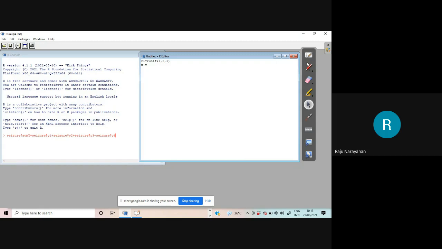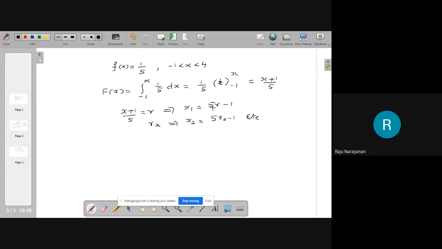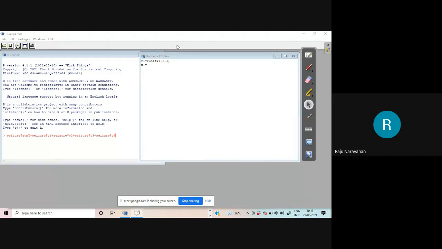X1 is 5r1 minus 1. It is as simple as this. If you want to see r1 and x1, we have to run them.